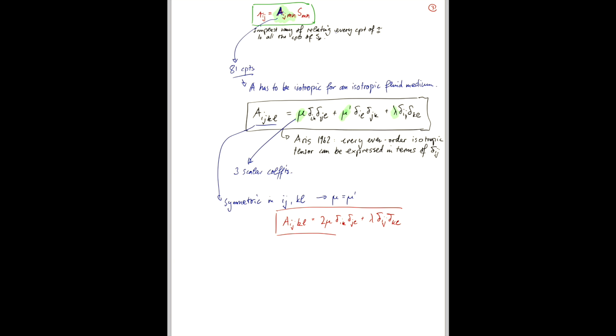And so we're only left with 2 coefficients, 2 out of 81, which is quite remarkable. So we can plug this now into our equation 1 up here. And the stress tau_ij is related to the strain rates via these 2 coefficients, mu and lambda.